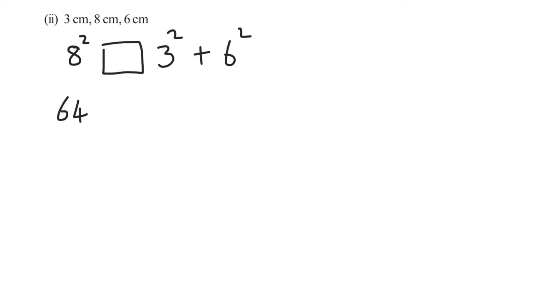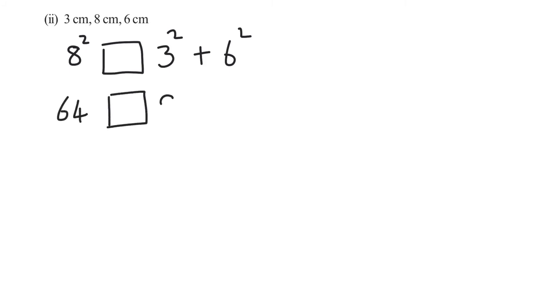Let's try this. The three sides of the triangle are 3 centimeters, 8 centimeters and 6 centimeters. Do they form the sides of a right angle triangle? So let's test the Pythagoras theorem again. Let us see whether 8 squared is going to be equal to 3 squared plus 6 squared. Let's check. 8 squared is how much? 64.